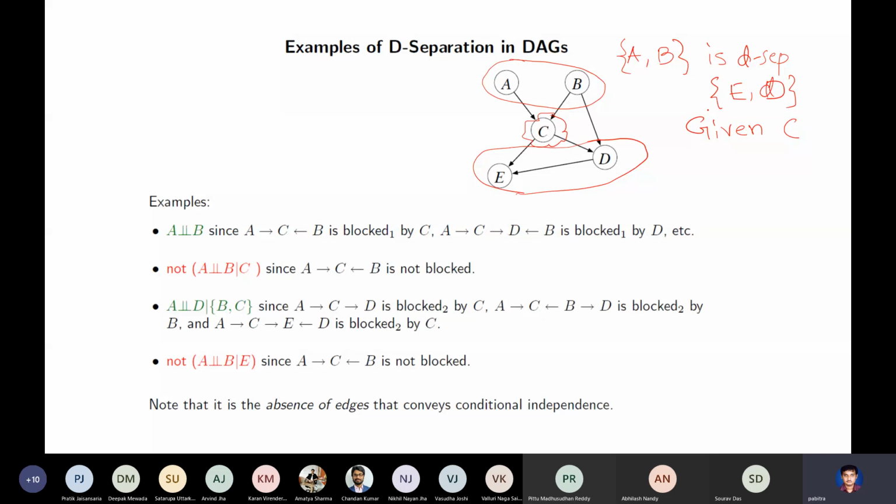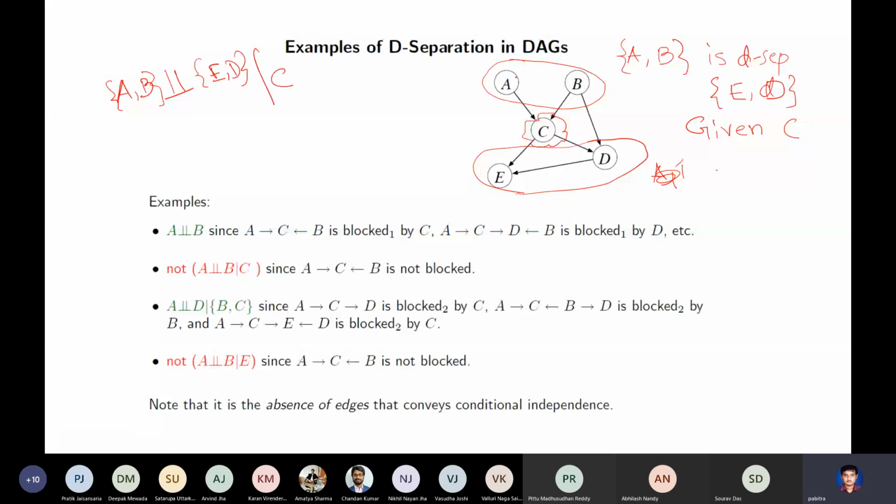If we can find such d-separations, then we can say A comma B is independent of E comma D given C. Note that C could also have been a set.